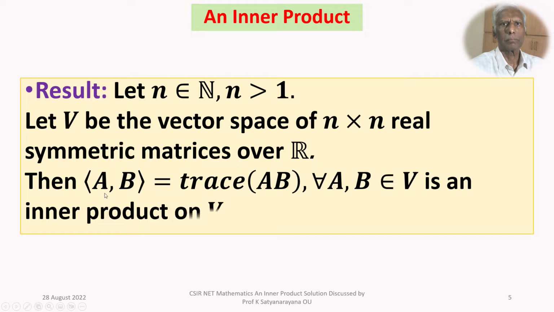Then bracket A comma B, defined as trace of the product AB for all A, B belonging to V, is an inner product on V. We will now verify that it satisfies all the properties of an inner product.